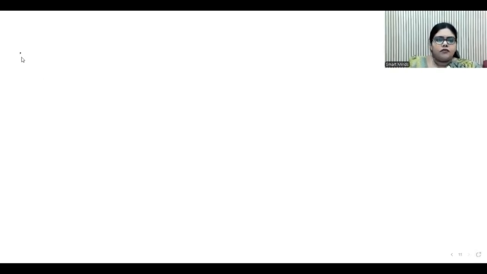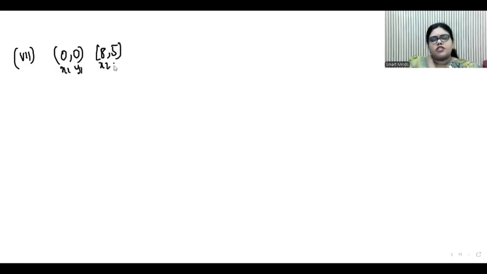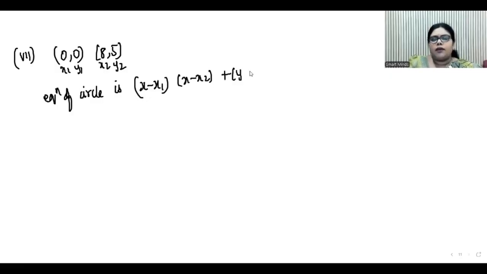Now let's move on to the seventh bit, 0 comma 0, 8 comma 5. So this is x1, y1, this is x2, y2. Now what is equation of circle? Equation of circle is (x minus x1) into (x minus x2) plus (y minus y1) into (y minus y2) is 0.